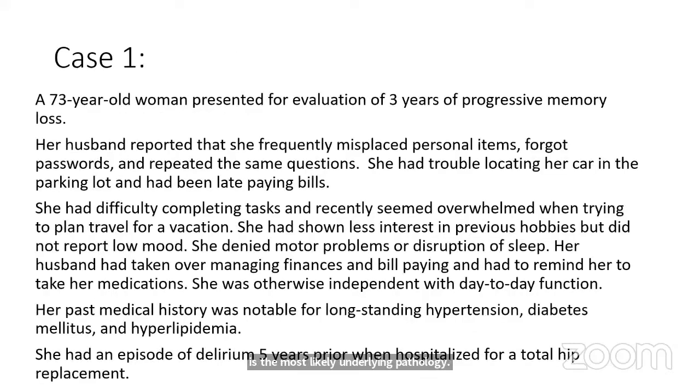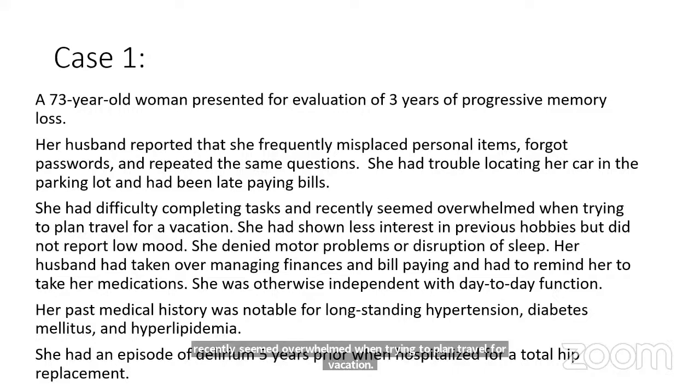This is a 73-year-old woman who's coming with 3 years of progressive memory loss. Her husband reported that she frequently misplaced personal items, forgot passwords, repeated the same question, had trouble locating her car in the parking, and had been late paying bills. She had difficulty completing tasks and recently seemed overwhelmed when trying to plan travel for vacation.